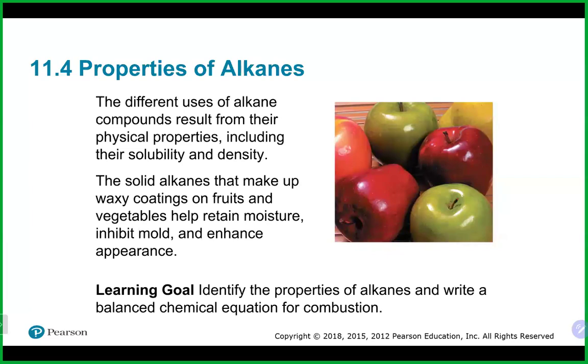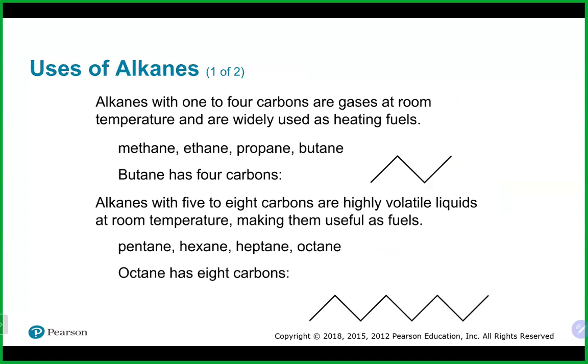All right, let's talk a little bit about the properties of alkanes. We talked about some of it. The alkanes are typically carbons and hydrogens, which means they're typically nonpolar. So alkanes with 1 to 4 carbons are typically gases at room temperature. Those are the ones we commonly think of as being gases, like methane, propane, butane, ethane. 5 to 8 carbons are highly volatile liquids at room temperature, and that means that they will go into the gas phase really easily.